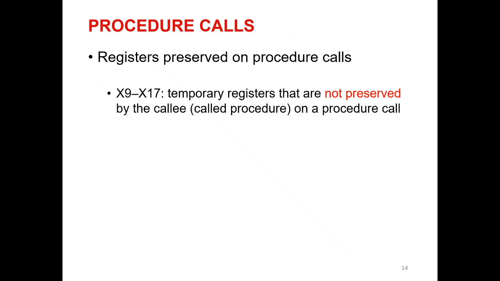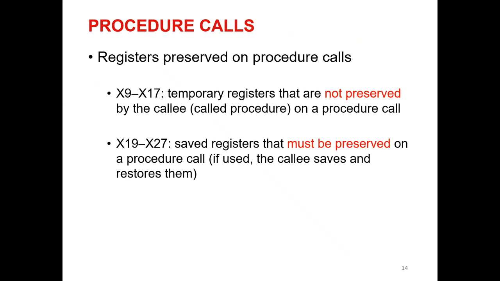So what we have said here is that we have different registers which are preserved on procedure calls. Temporary registers are not preserved, and saved registers must be preserved on a procedure call. And this must be done by the programmer.